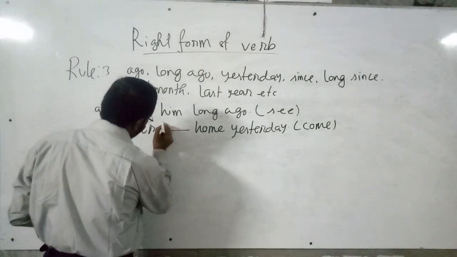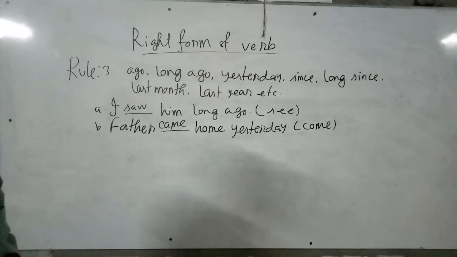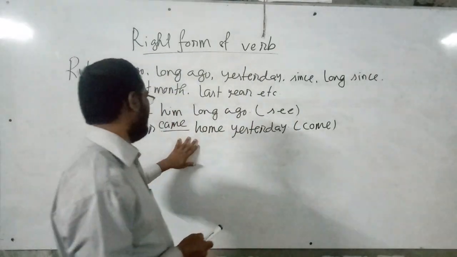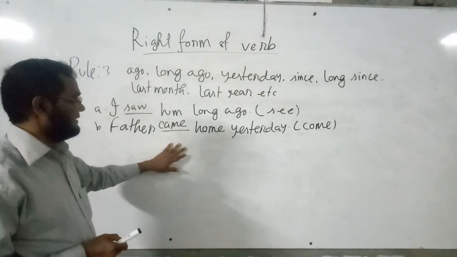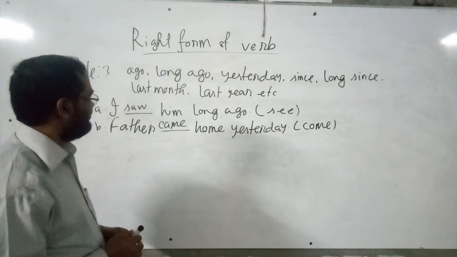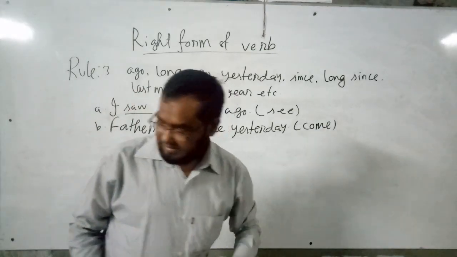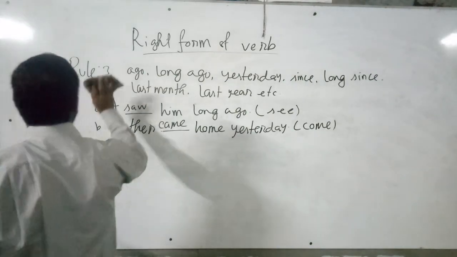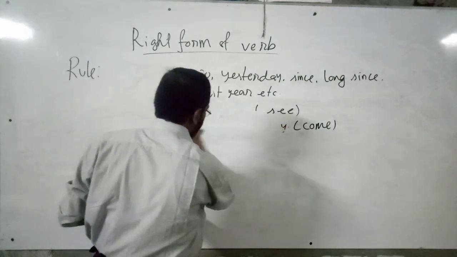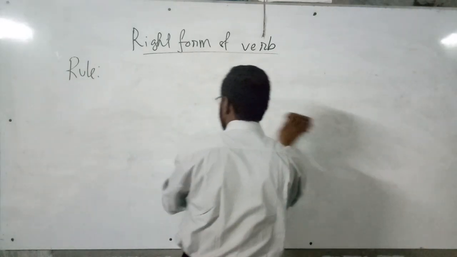Father came home yesterday. When you find such kind of word in a sentence, you have to use the correct position of verb. The another rule, you will make more and more sentences by using the words of the rule.